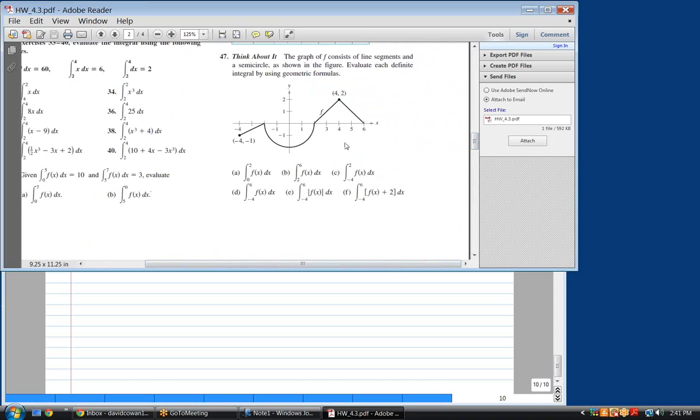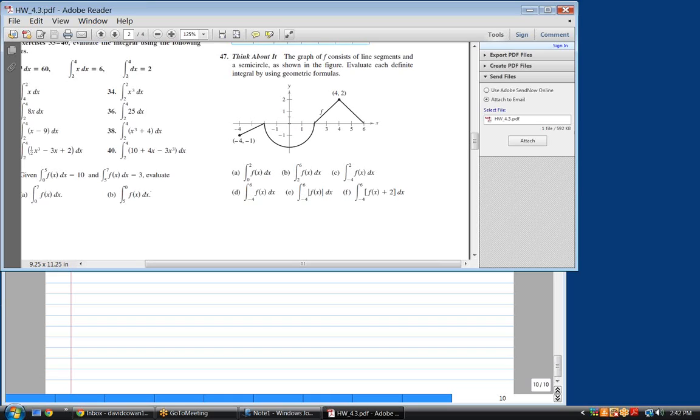The graph of f consists of line segments and a semicircle. Evaluate each integral using geometry formulas. What is the first one? 0 to 2.